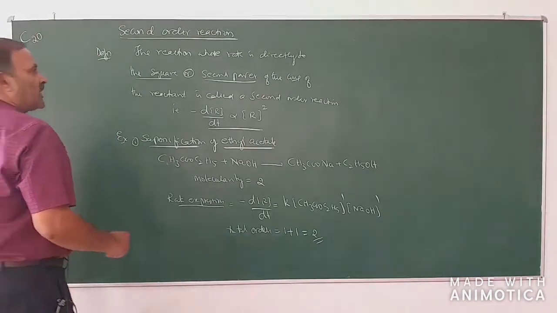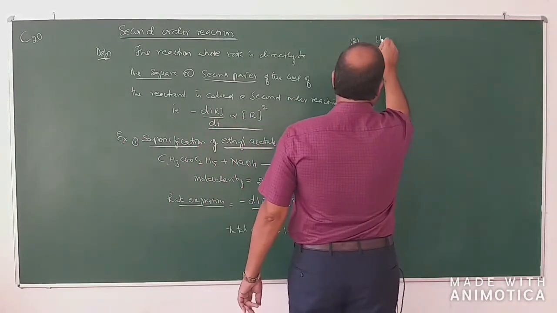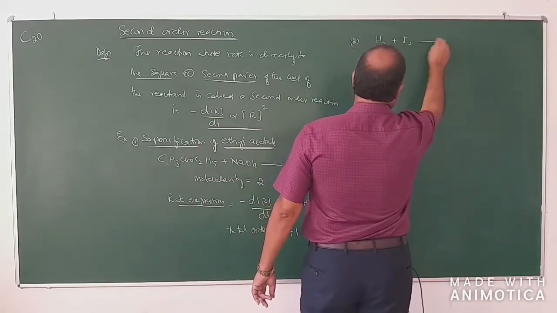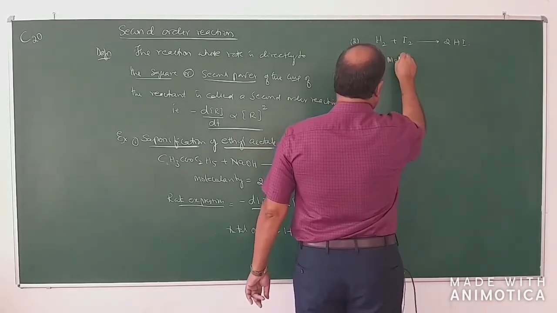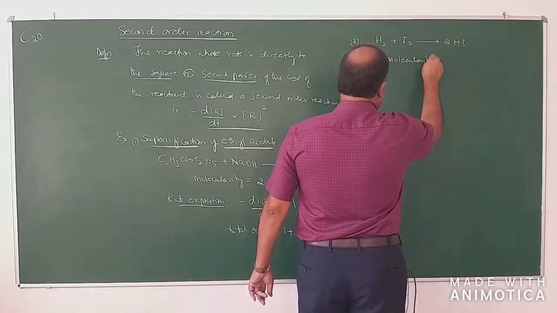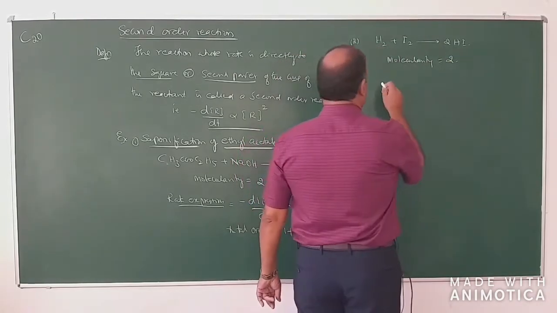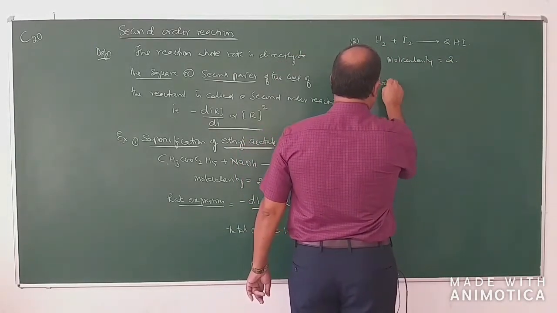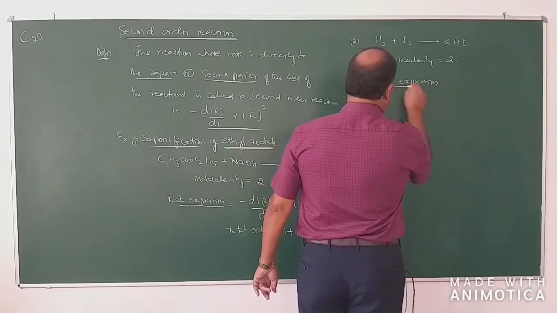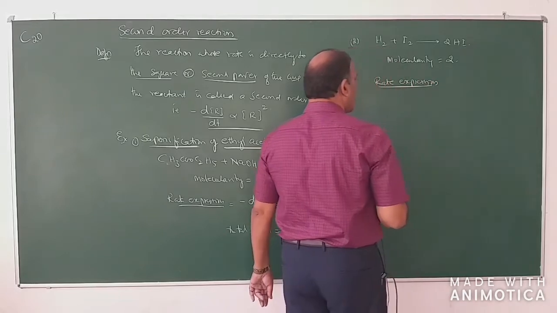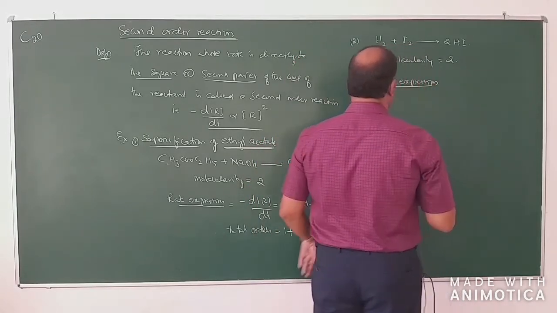Coming to the second example, H2 plus I2 gives 2HI. Here molecularity equals 2 because 2 molecules of reactants are taking part. To calculate order we need the rate expression.